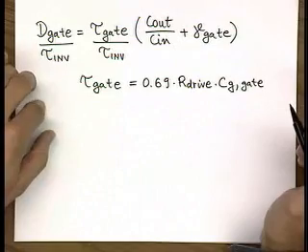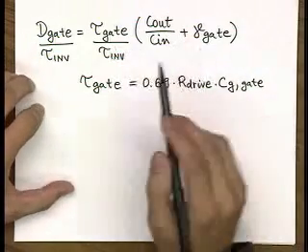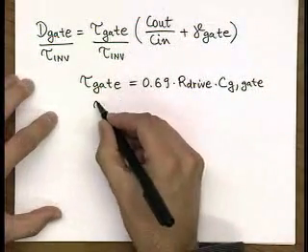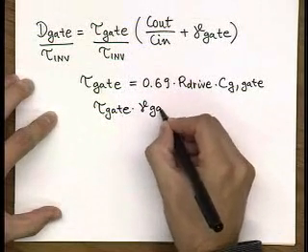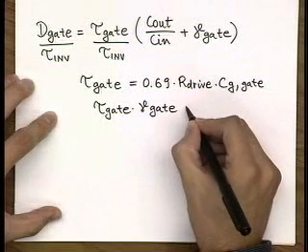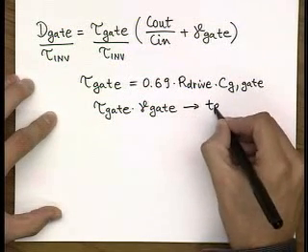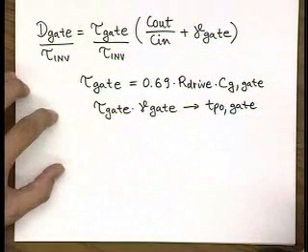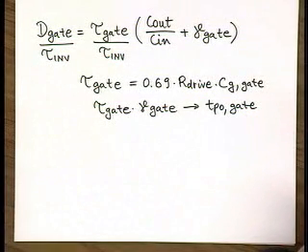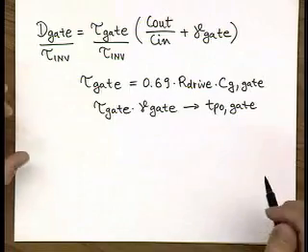In this language, we know that tau gate times gamma gate corresponds to Tp naught of a gate. Is this clear? All right.